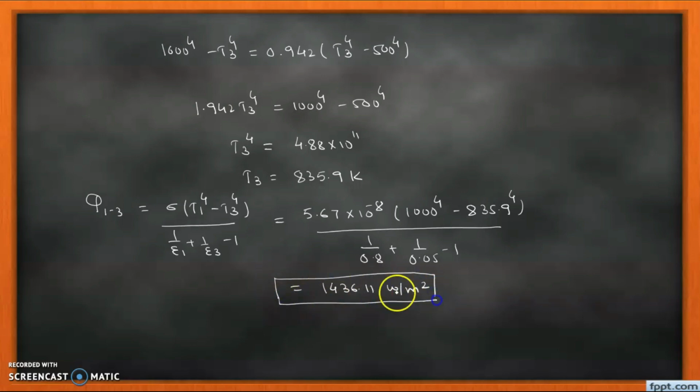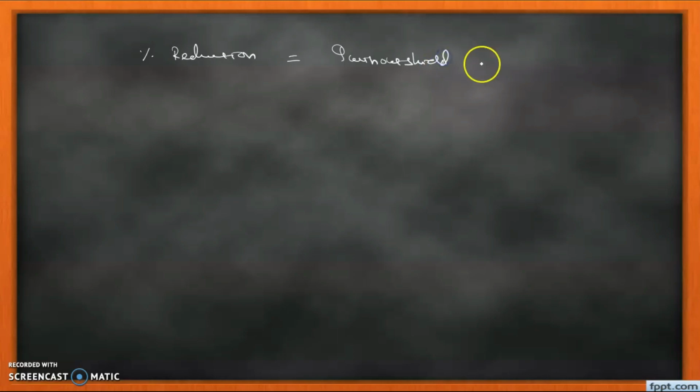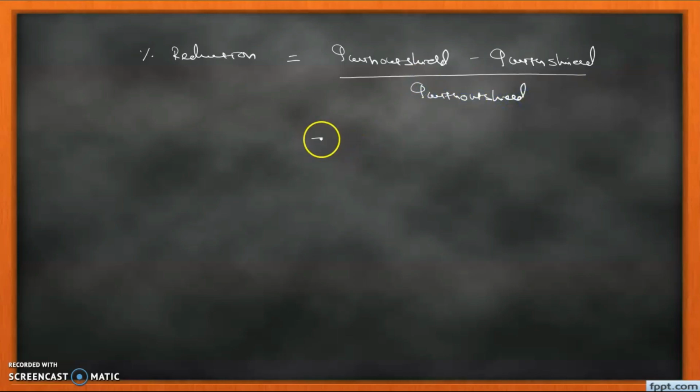So now students, we are able to calculate the percentage reduction in the radiation heat transfer between the two plates when we are putting down the shield. So the percentage reduction is 19329 minus 1436.11 divided by 19329.